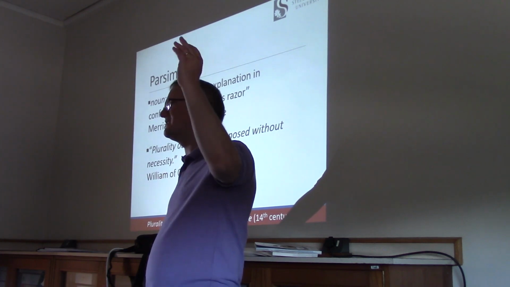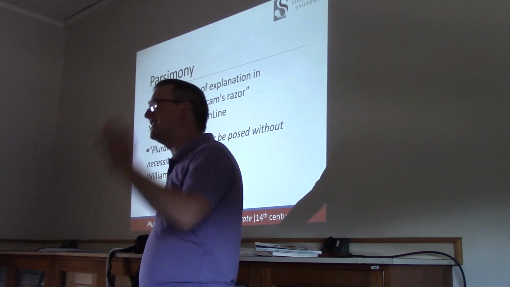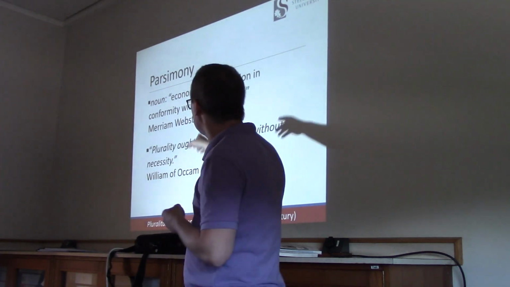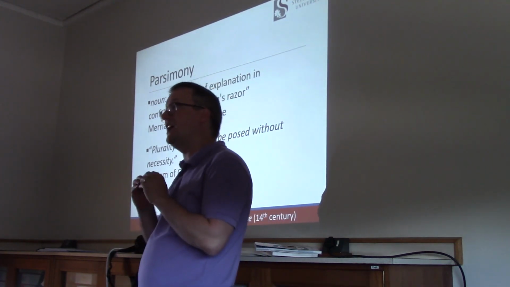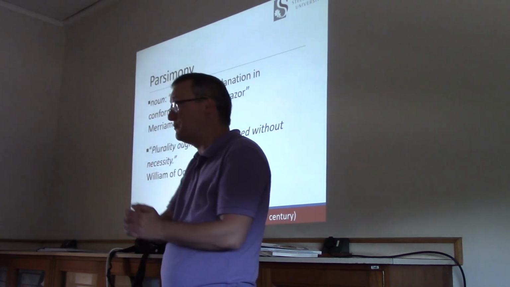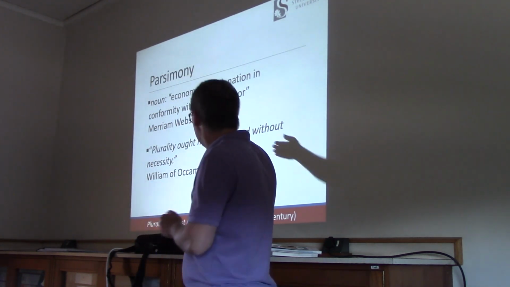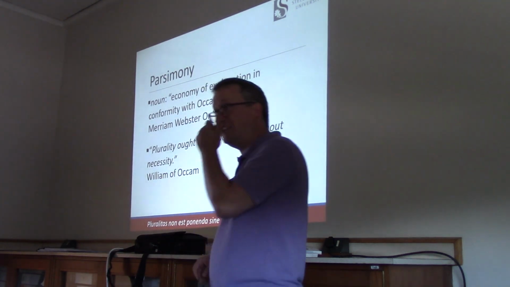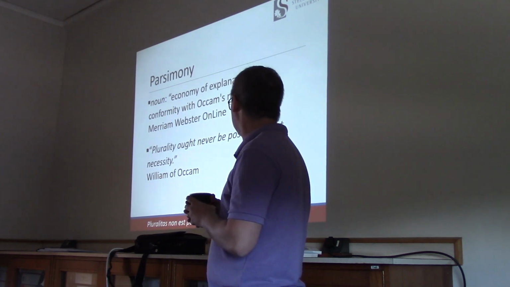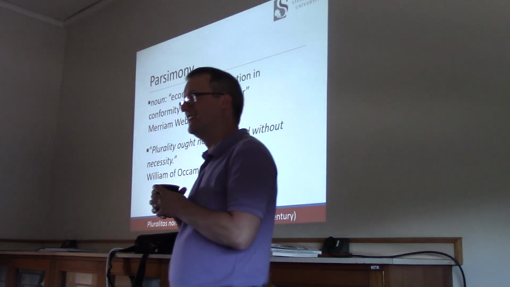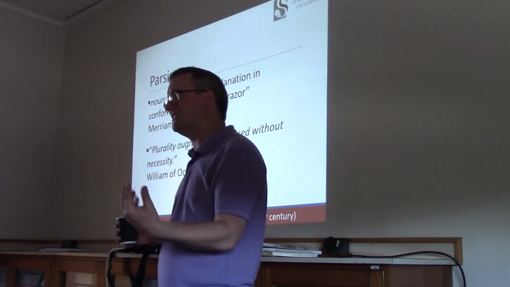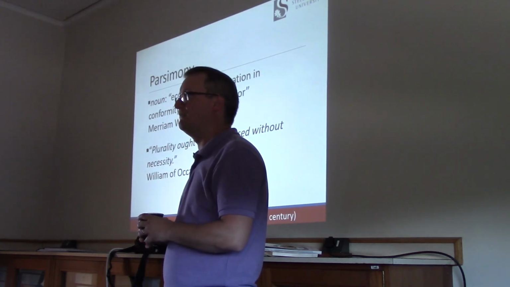Okay, maybe that's a science topic, but it's not a scientific claim. It goes beyond what your data can support. Parsimony means that you're being economical in the explanation you're offering for what you've observed. It comes from William of Ockham in the 14th century, who said something along the lines of pluralitas non ponenda sine necessitate. Right? You don't want to be more expansive than necessary in explaining what you've seen.